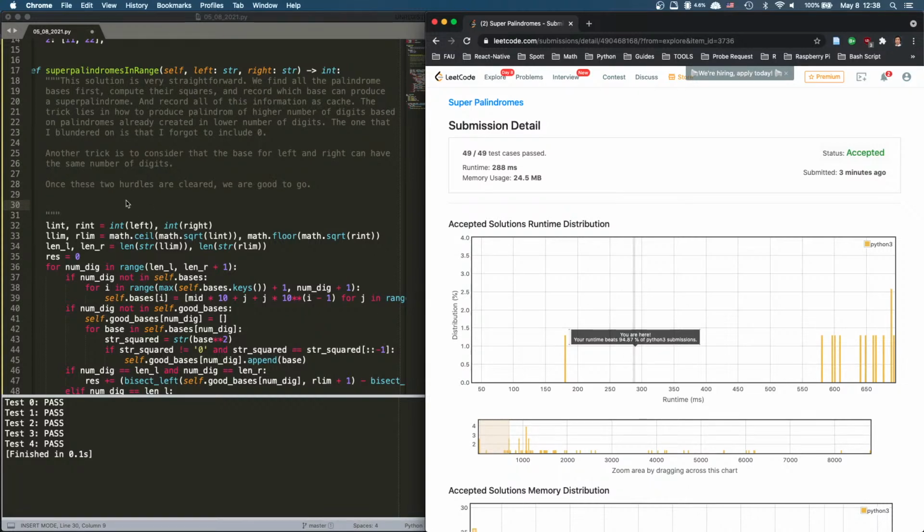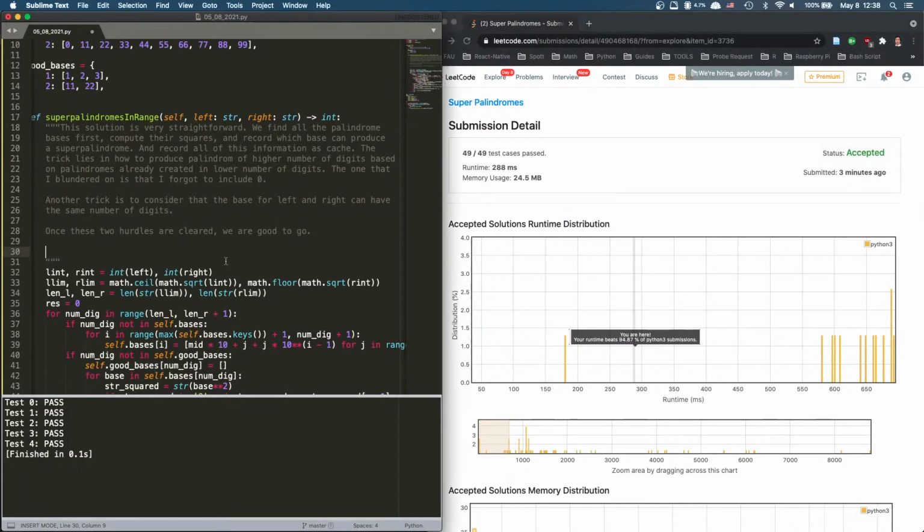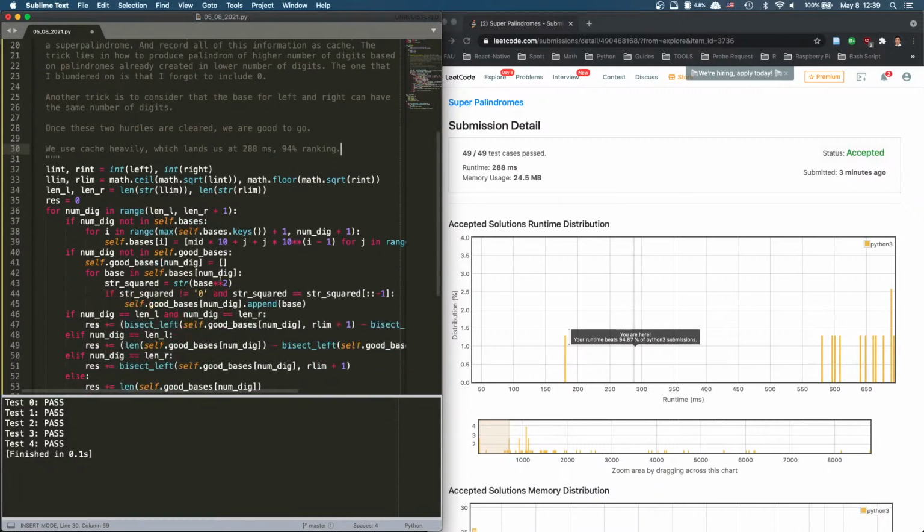I guess because of caching. I guess the majority don't cache. I don't know. We use cache heavily, which lands us at 288 milliseconds, which gives us a 94% ranking. I mean, this is just a trick, right? A trick of using cache.